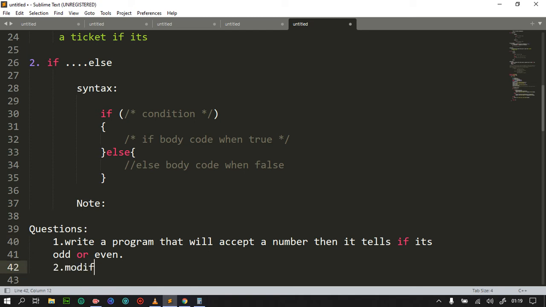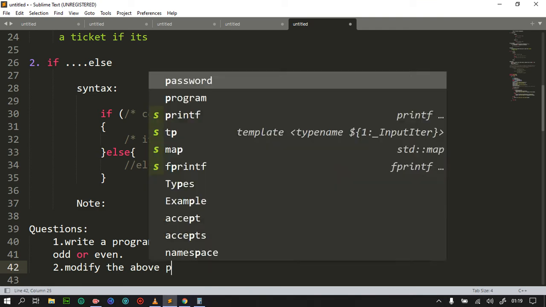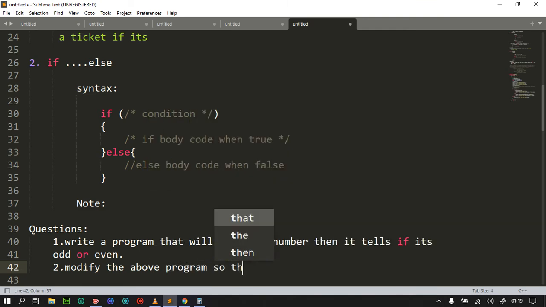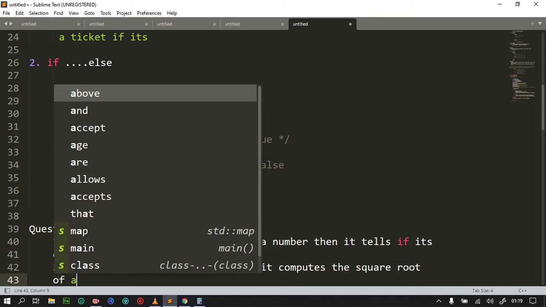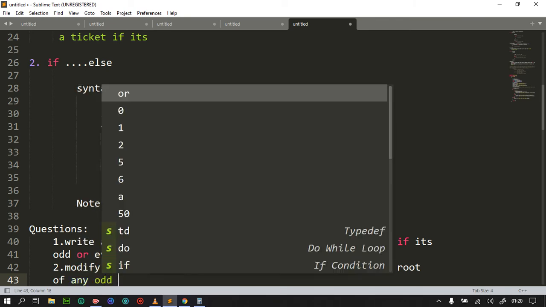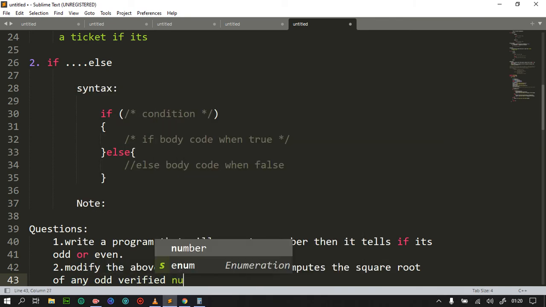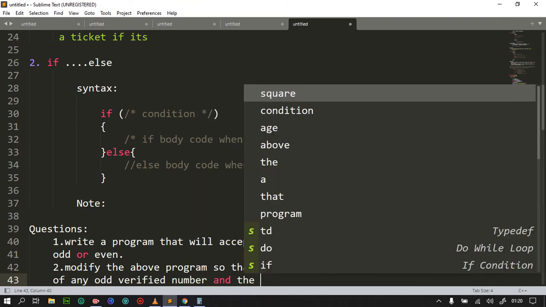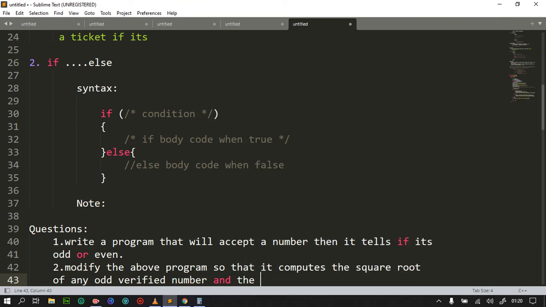Question 2, modify the above program so that it computes the square root of any verified odd number, and the other one was the square root and the cube of any verified even number.